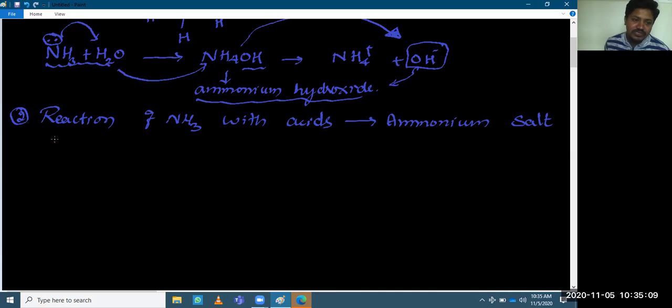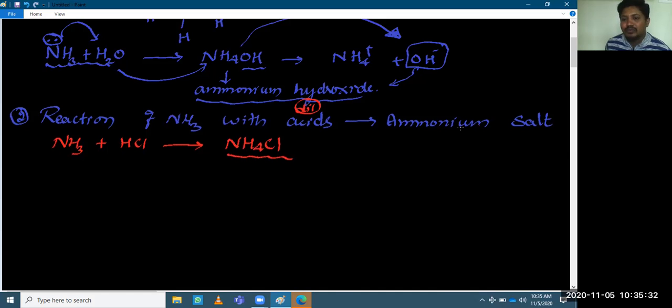Very simple. Ammonia, a pungent gas, reacts with hydrochloric acid, HCl, here dilute hydrochloric acid, and produces ammonium chloride, NH4Cl.